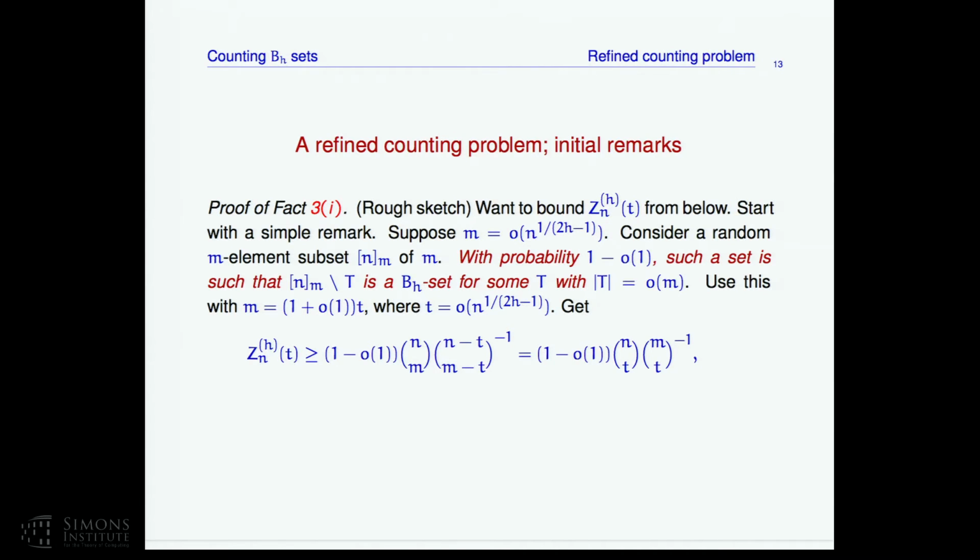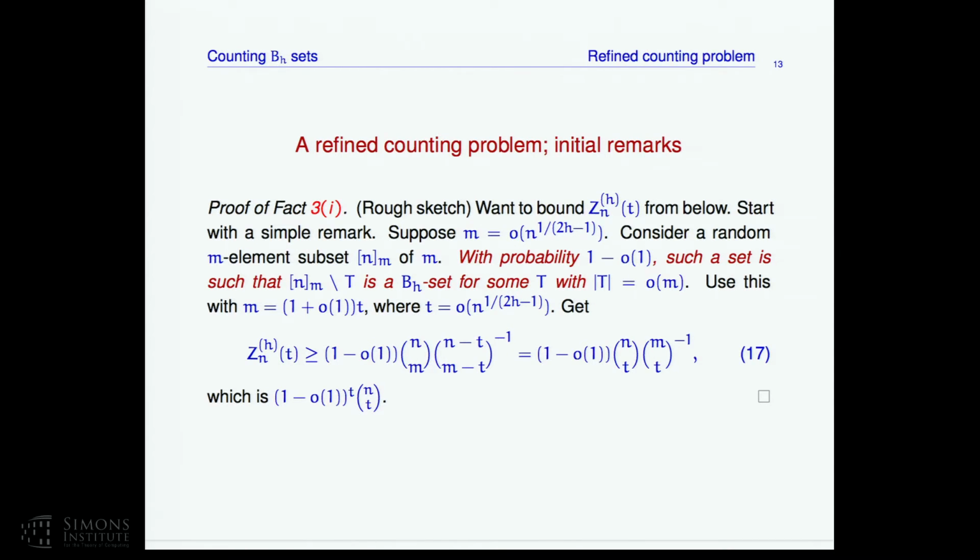So you divide by this binomial coefficient, and then you apply some elementary binomial identity. So this double counting gives you a factor. I mean, you have to divide n choose t by m choose t. And m is just a little bigger than t, so it's 1 plus epsilon times t.